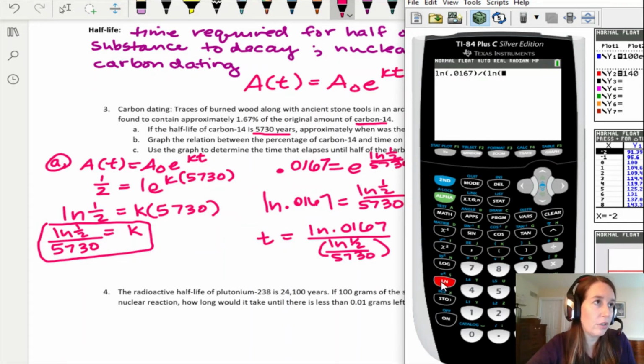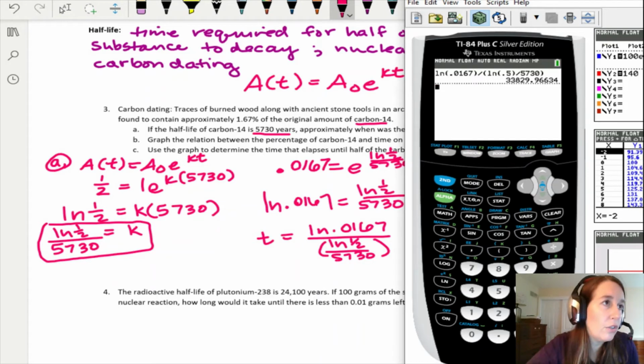So natural log of a half, I'm just going to type 0.5, enter, and parenthesis there, divide by 5730, end the denominator parenthesis, and hit enter. 33,830 years.